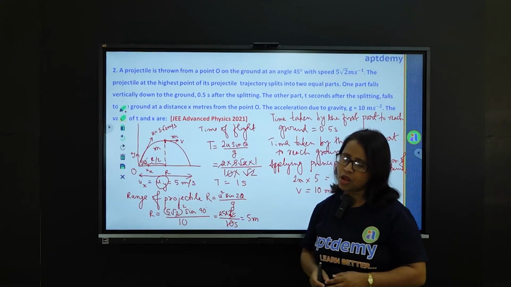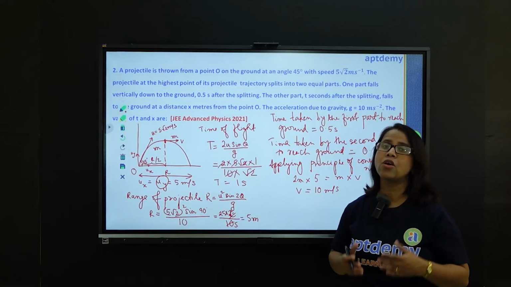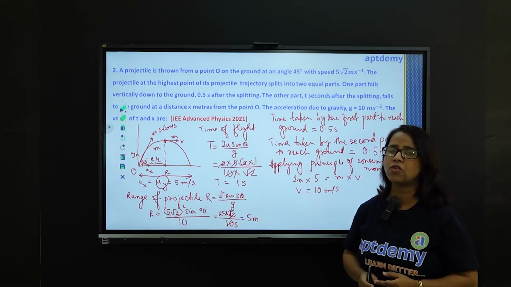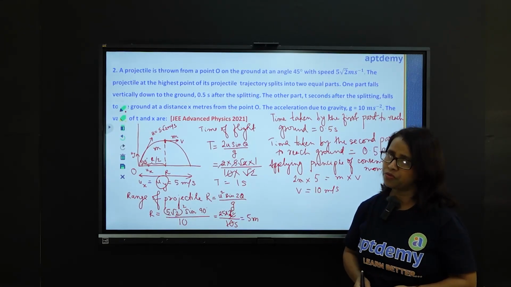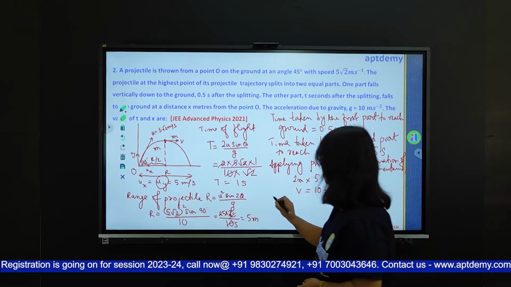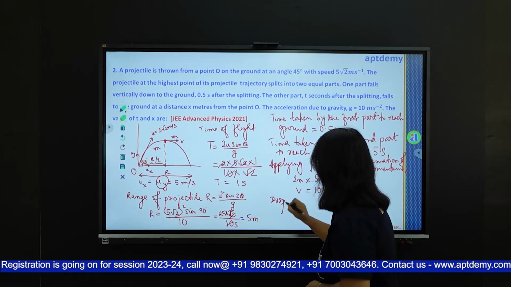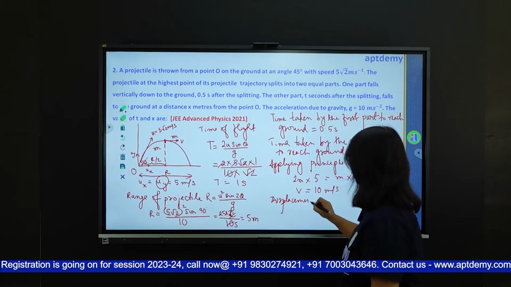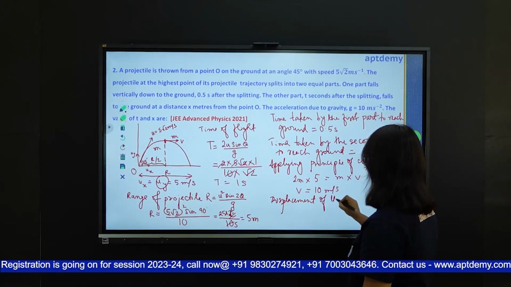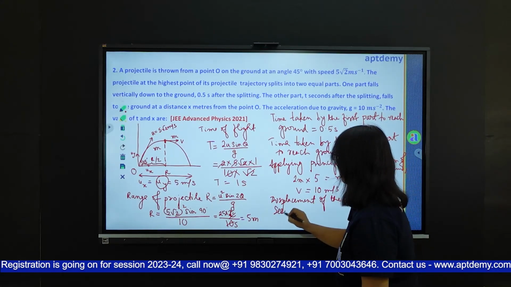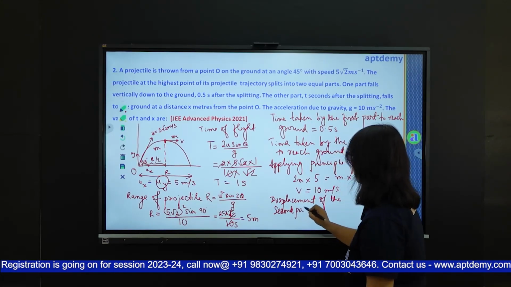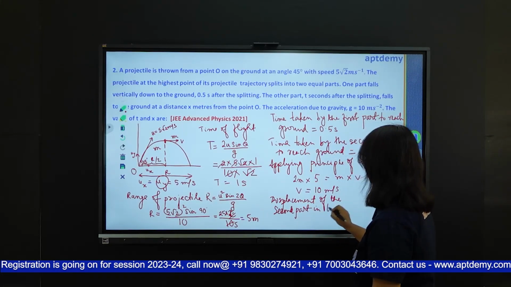Now from this we can easily find out the displacement of the second part in the horizontal direction.